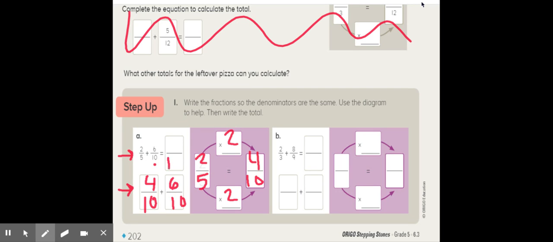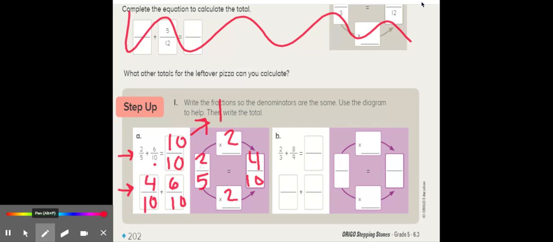I know my answer will be tenths. And then to find my numerator, I just do the 4 plus 6. I get 10. So I get 10/10. And because we're experts, we know that that is equal to 1 whole. So I'll just give myself a little arrow saying that's the same thing as 1 whole. Okay, and I'll go over to my next problem. Do this one in blue.